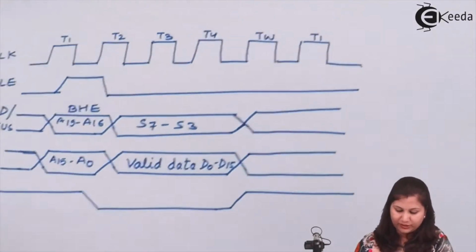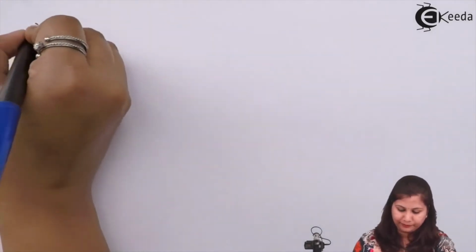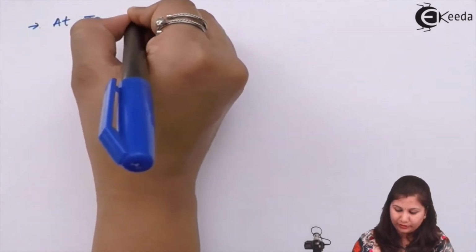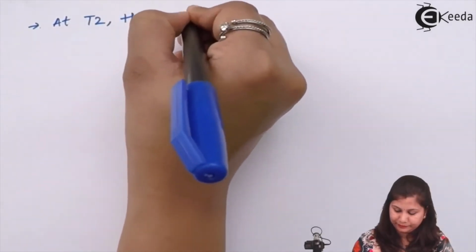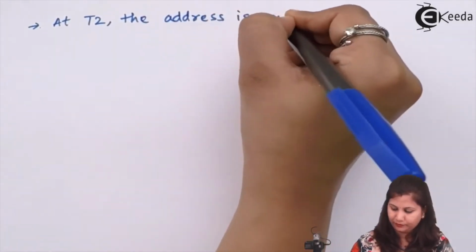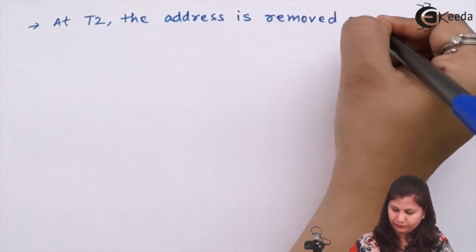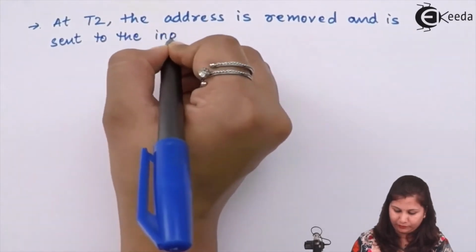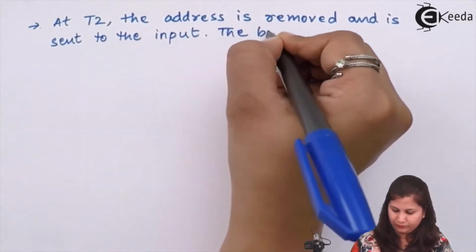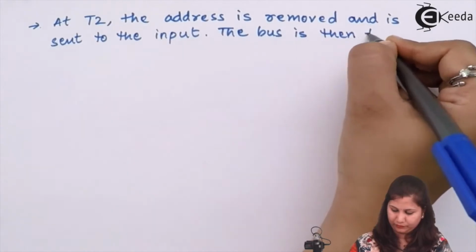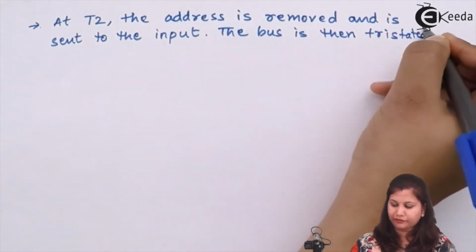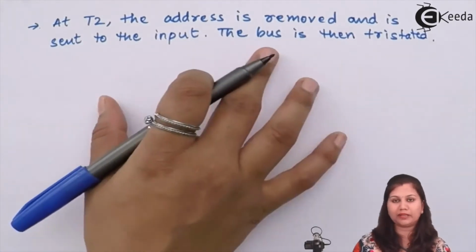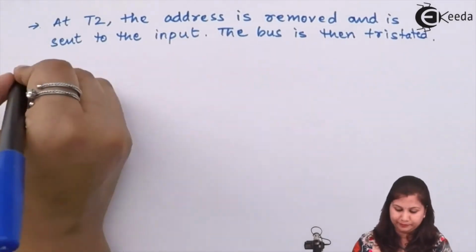So if we describe this machine cycle, then at T2 the address is removed. After the data has been read, the bus is then tri-stated.